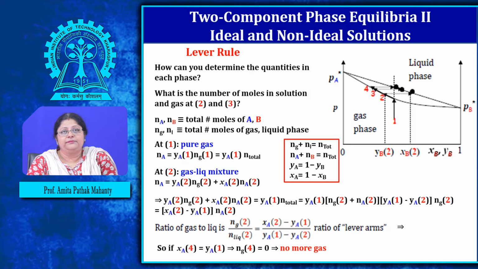These are supposed to be done through numericals. What is N total? I have said that you take the number of gaseous moles plus the liquid moles is equal to total moles, and also Na plus Nb is also total moles.